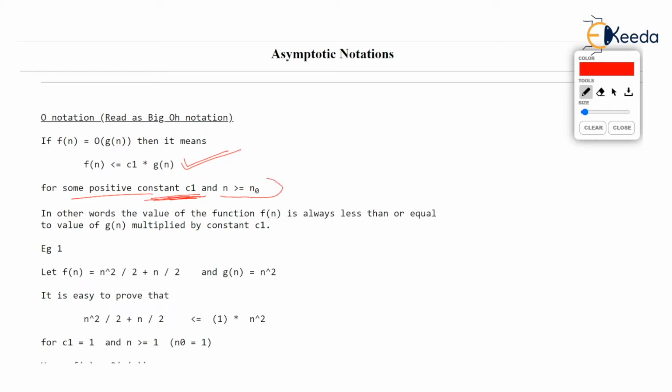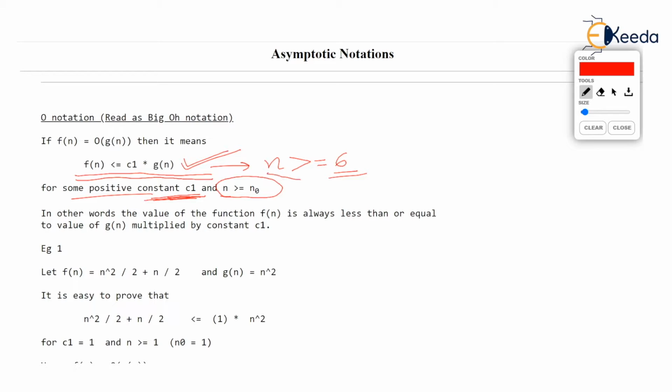That means this less than or equal to relation is true not for all values of n. I repeat, not for all values of n, but only for those values of n which are greater than or equal to n naught, where n naught is also called threshold. Like this relation for some function might be true for n greater than or equal to, say, 6. That means this relation is not true for n lower than 6, but from 6 or above up to infinity, this relation is always true. So suppose I say this is true only for n greater than or equal to 6.